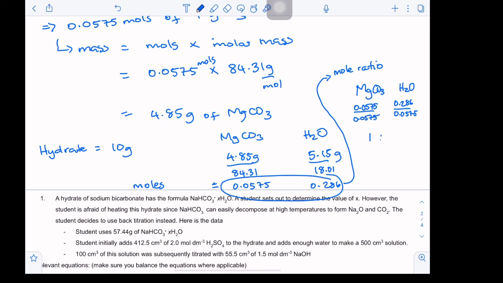So this is 1 to 5. Remember here, we divide by the smallest of the two values. We have 0.0575 and here we have 0.286. So we divide by the smaller value, which is this one, and we get 1 to 5.